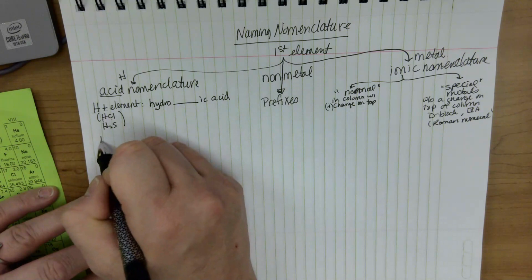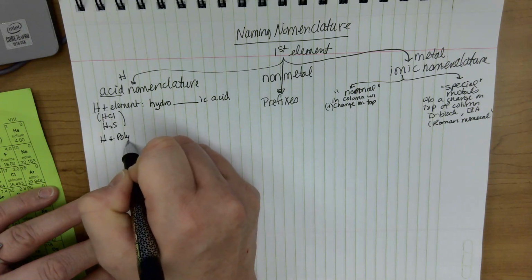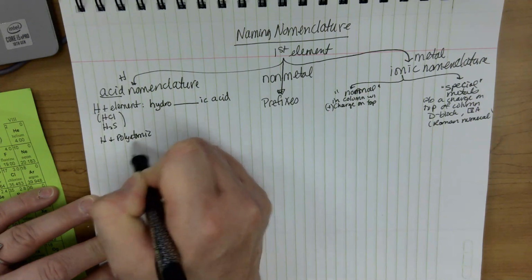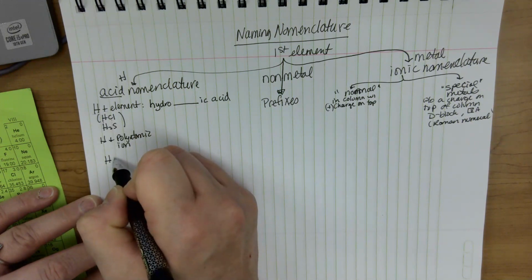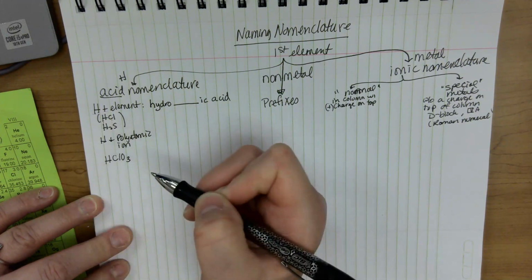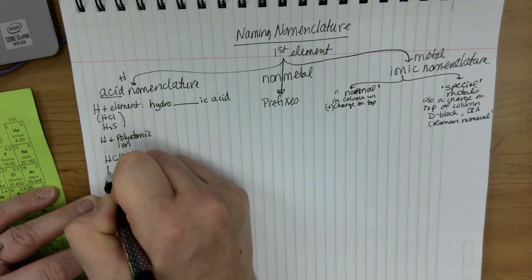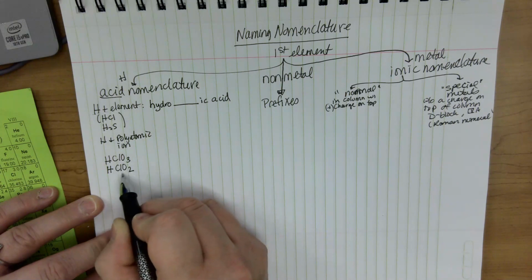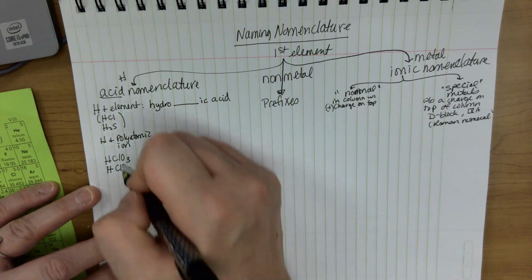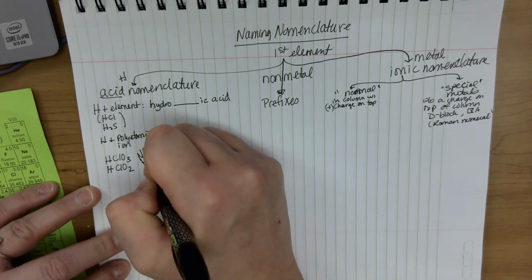If it's H plus a polyatomic ion, so like HClO3 or HClO2, right? These are polyatomic ions. And when it's H with polyatomic ions, there is no hydro.